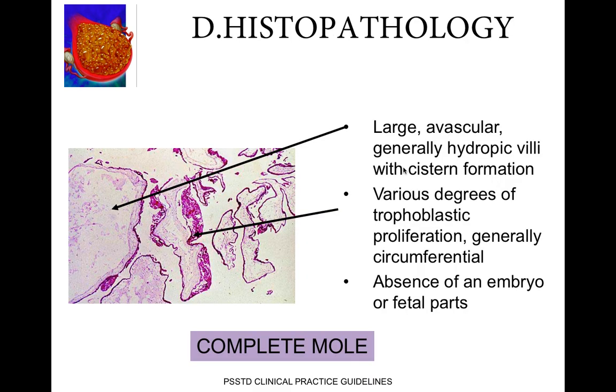Now we go to histopathology. Histological examination of the products of conception is mandatory, and this would usually confirm the diagnosis of hydatidiform mole. So essentially, a complete hydatidiform mole is characterized by generalized swelling of the chorionic villi, cistern formation with avascular stroma, and diffuse trophoblastic hyperplasia.